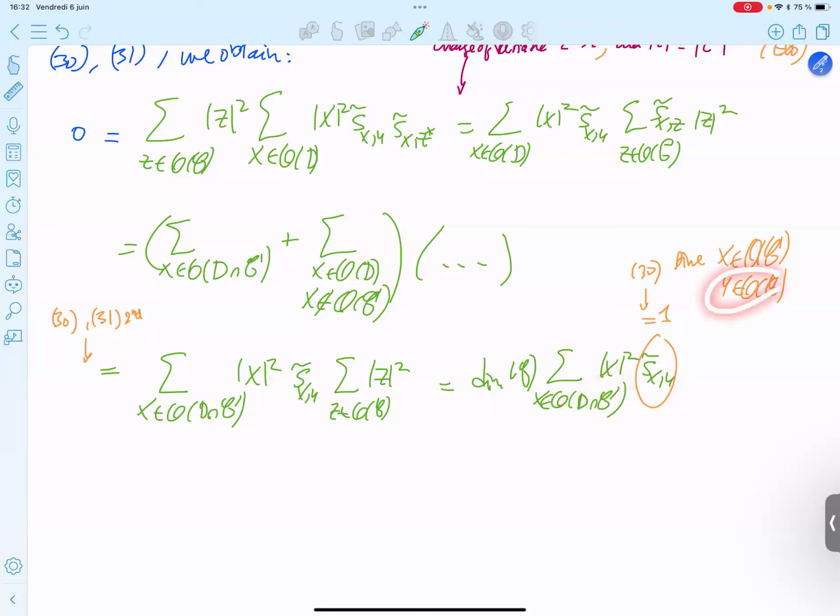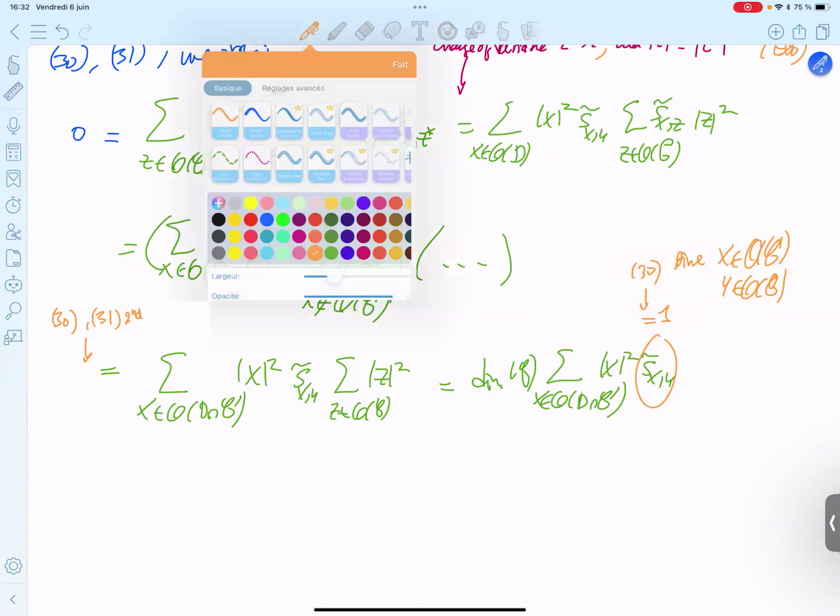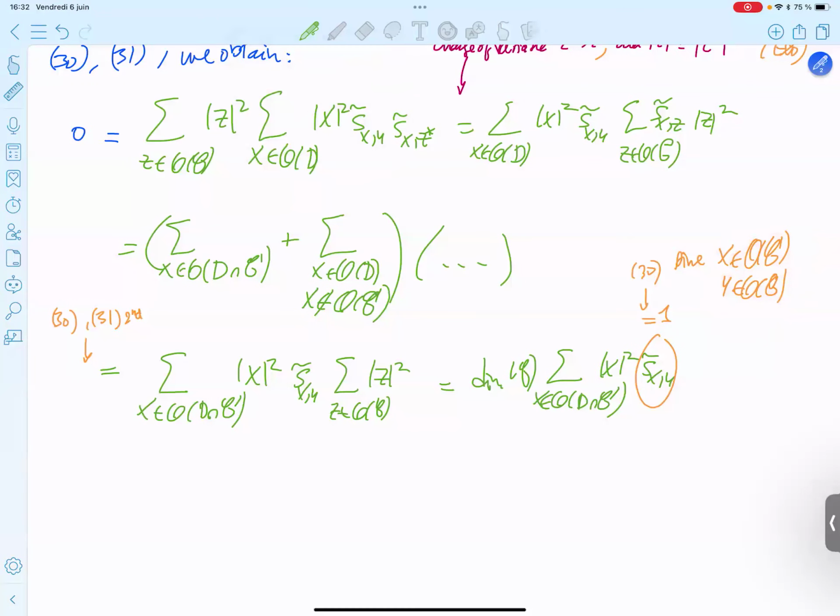And y is any object, we don't care. So we can apply the previous equation and you get 1 here. So this is equal to the dimension of C, dimension of this intersection. Okay. But so we started from 0.